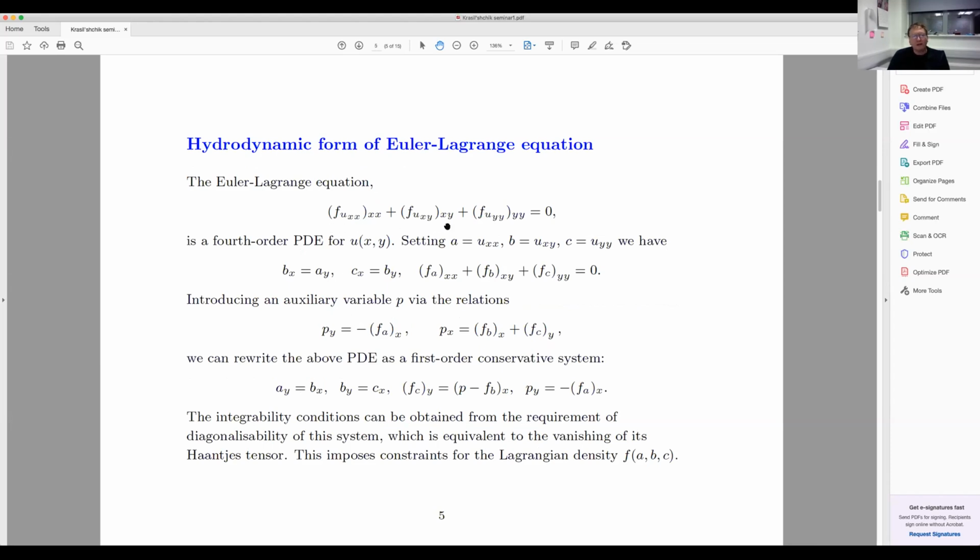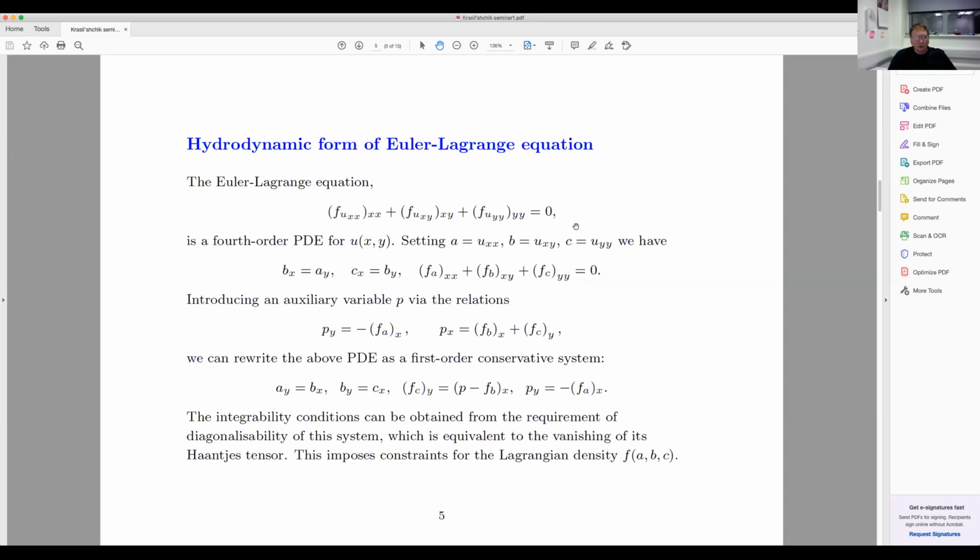Here I copied the Euler-Lagrange equation, a fourth order quasi-linear PDE for the function u of x, y. It's fourth order because this term in brackets depends on second order derivatives, and you differentiate it twice.